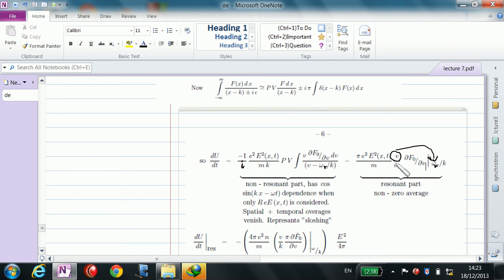Because there was a delta function that picked out this value. And of course this also is evaluated at omega over k. Now, there's no m here, and there will be a k, just like there was here.